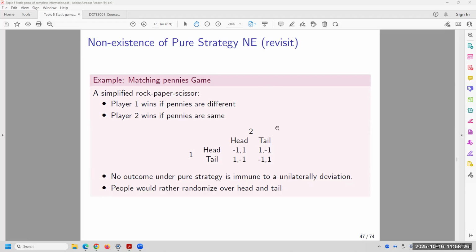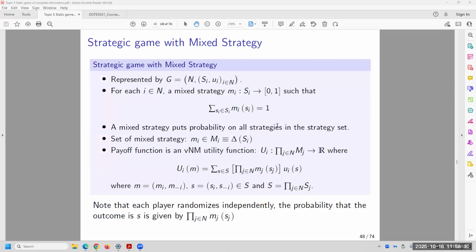Because we already know it. But how to solve this problem is what Nash proposed: more or less you would do a mixed strategy. In the sense that now, instead of choosing a particular strategy, you are choosing a probability distribution over strategies. The strategy is mapped to a simplex, 0 to 1.